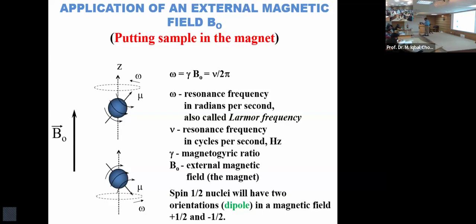Second, within the same element in a molecule, they have different microelectronic environments. And because of microelectronic environment, they have different B naught, B effective. As a result, they would have a different precession frequency and they would appear different.